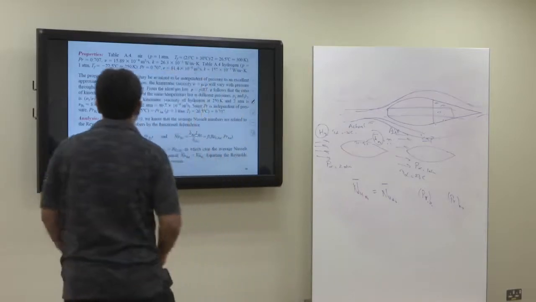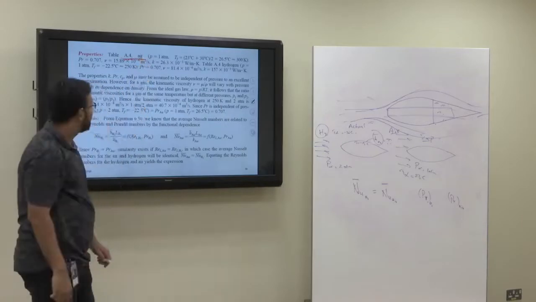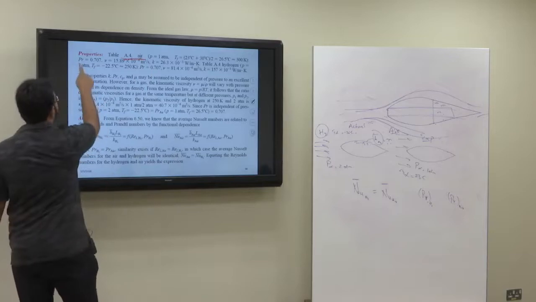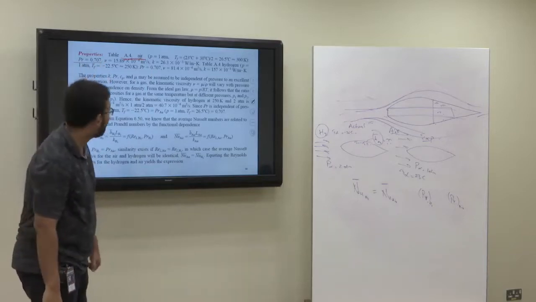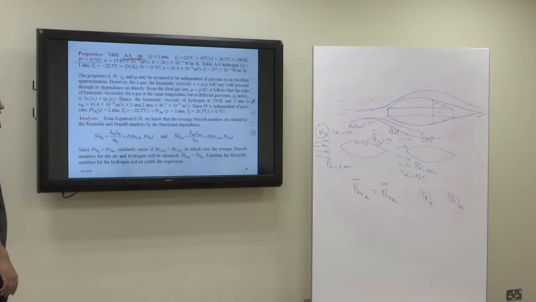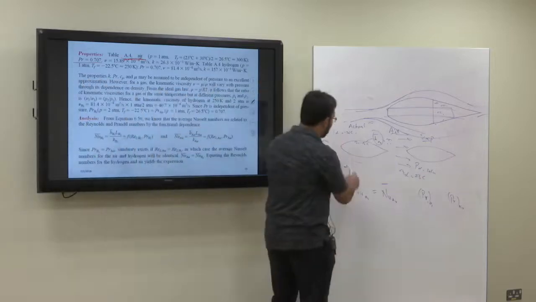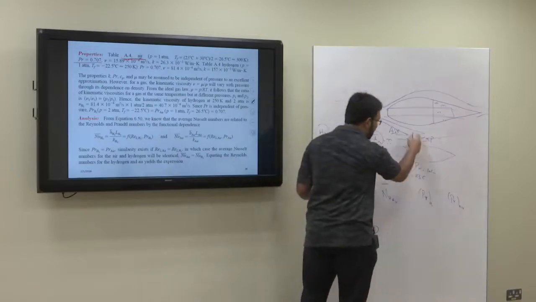So for air, as per the properties given, the Prandtl number is 0.707. For air, what temperature will you use? The temperature that you will use will be the average of the two. Similarly, the temperature here you will use should be the average of the two.